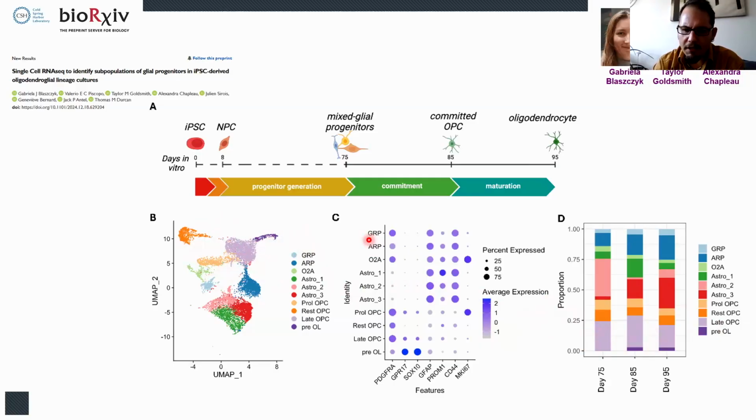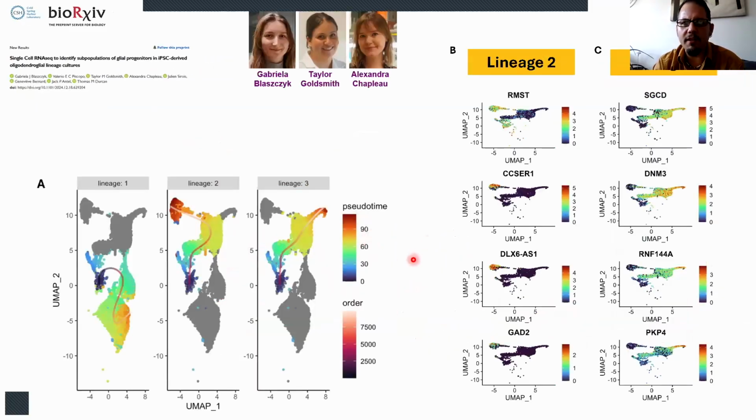Then we finally tried to identify the developmental trajectories once we start from glial restricted progenitors that lead to the different subpopulations. And we identified three trajectories. The first one, obviously passing through astrocyte restricted progenitors, leads to mature astrocytes that are present in three populations, but we won't discuss this today.